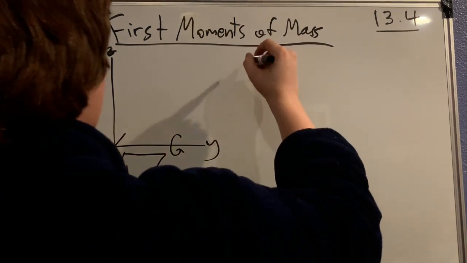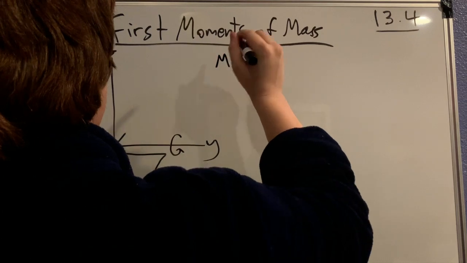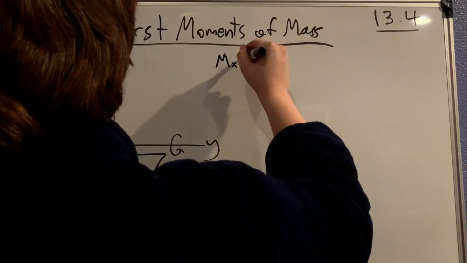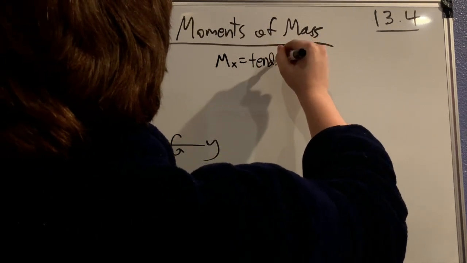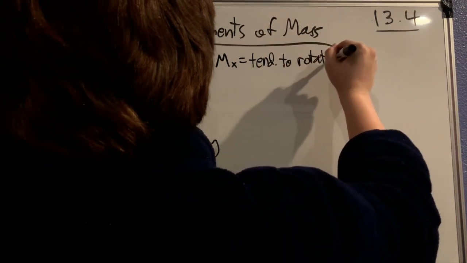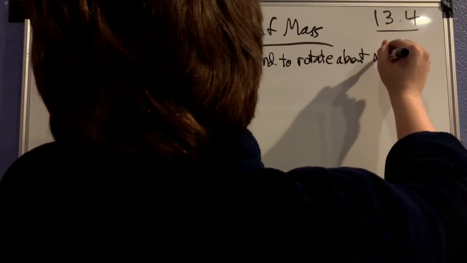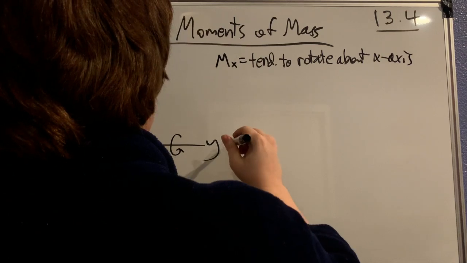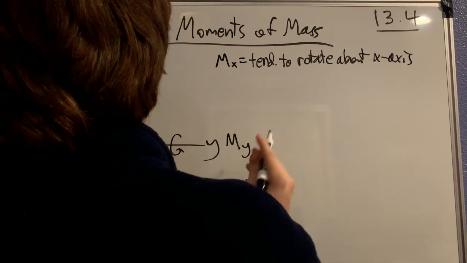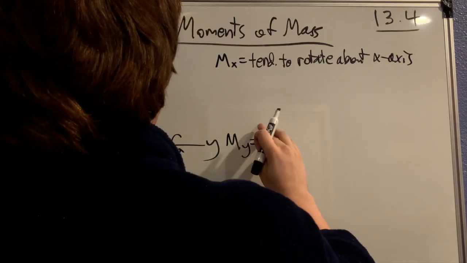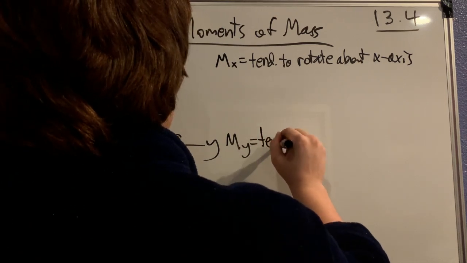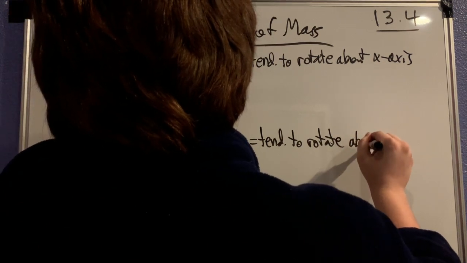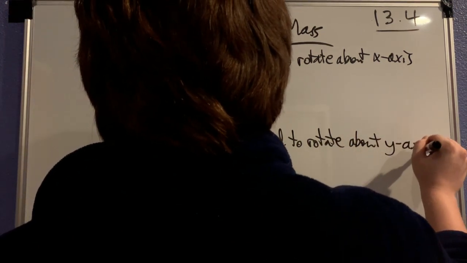Now, if you could guess, m sub x is the moment of mass with respect to x, and that is the tendency to rotate about the x-axis. And there's another one called m sub y, which is the tendency to rotate about the y-axis.